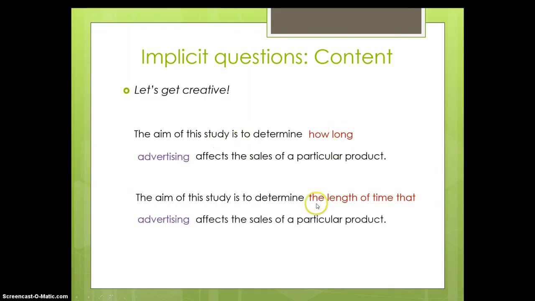And I was saying, why are you putting in so many extra words? Why not just say, how long? It means the same thing. And the answer was, well, my advisor says, don't use how long, don't use question words.